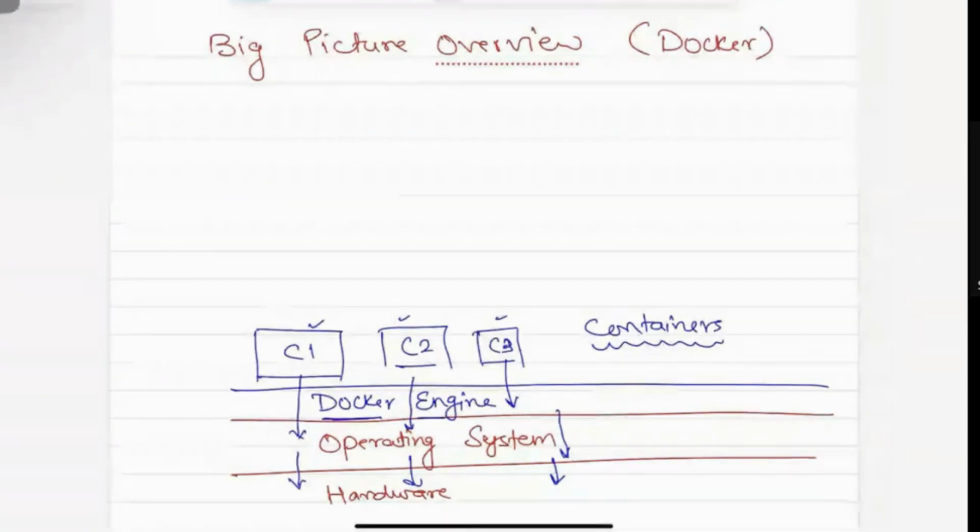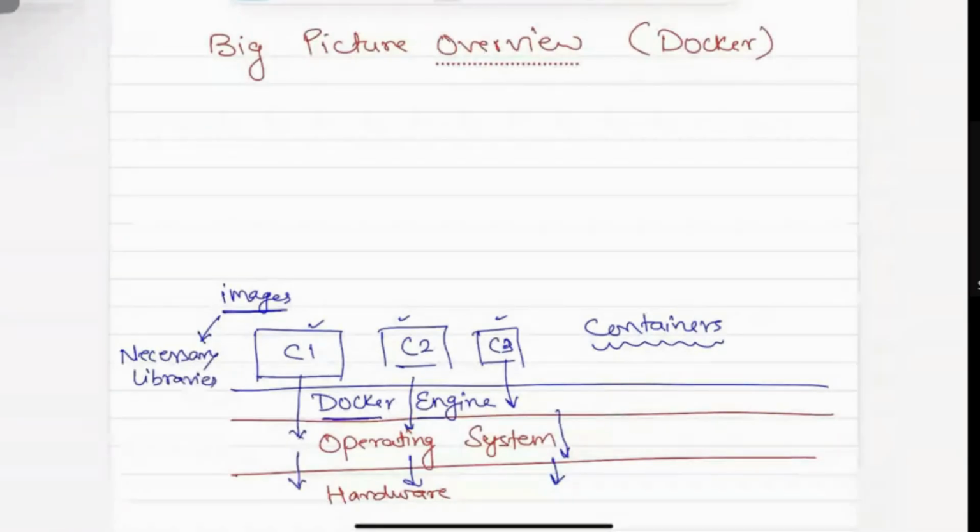The company that made the Docker engine figured out that it is possible to create thin images. And these images contain what? They just contain necessary libraries and software plus configuration.